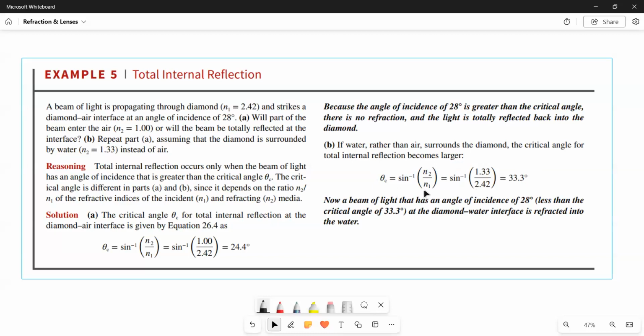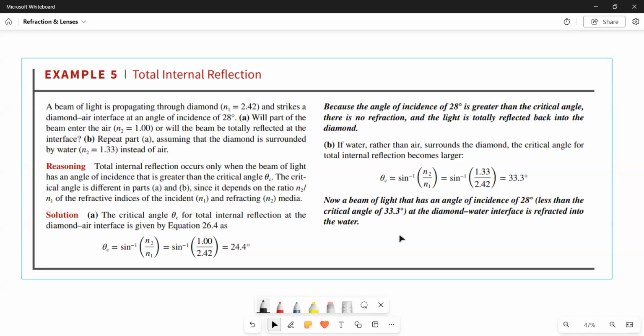That comes from this relationship here. Now, because the light is incident at an angle of 28 degrees, there isn't going to be total internal reflection, and the diamond wouldn't sparkle as much.